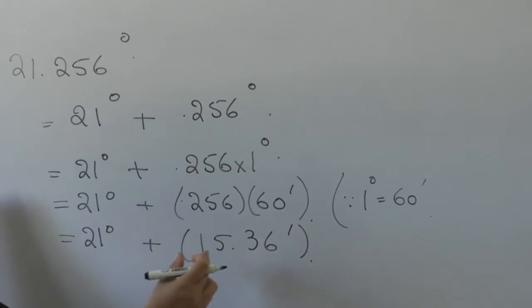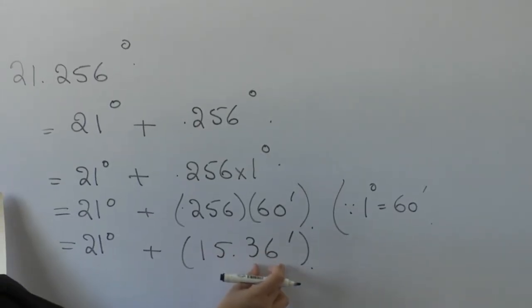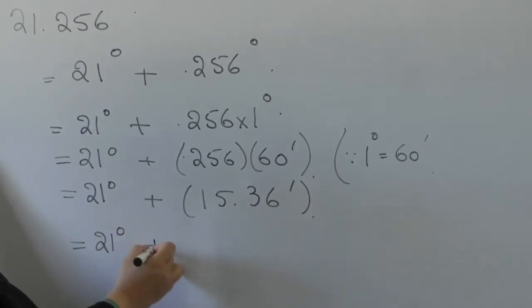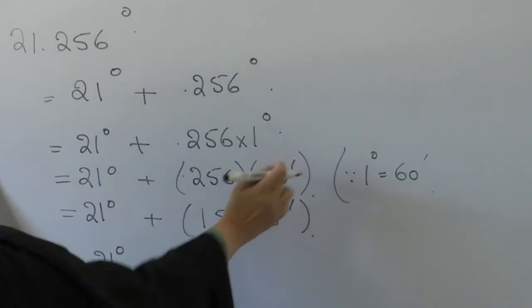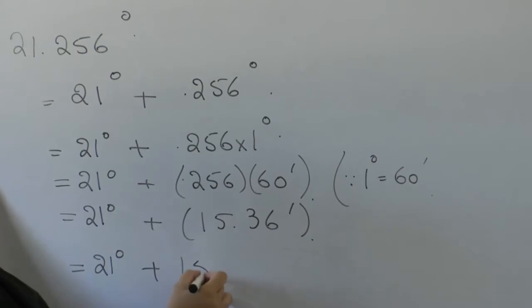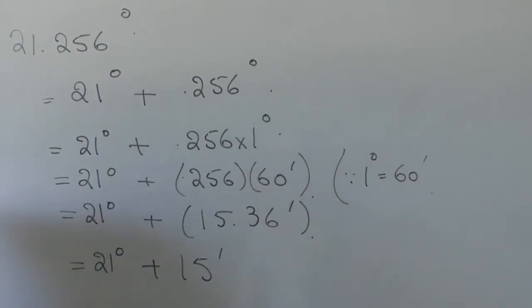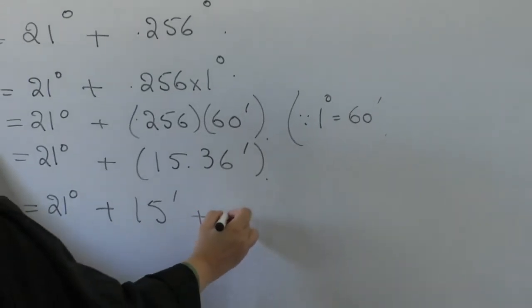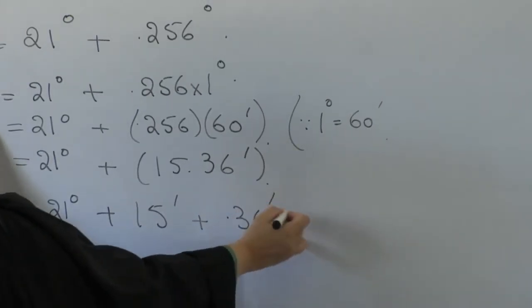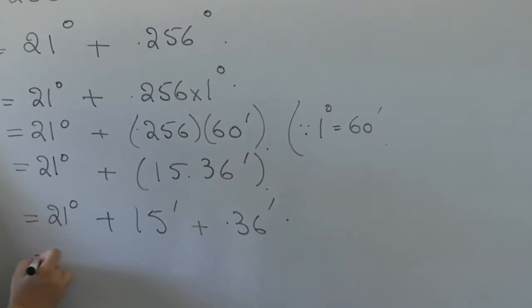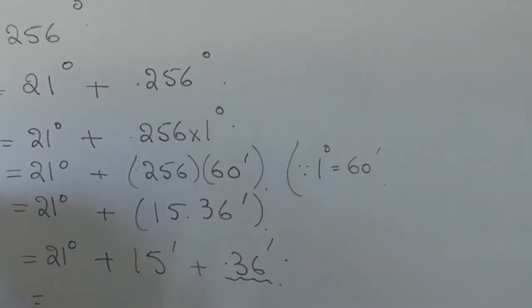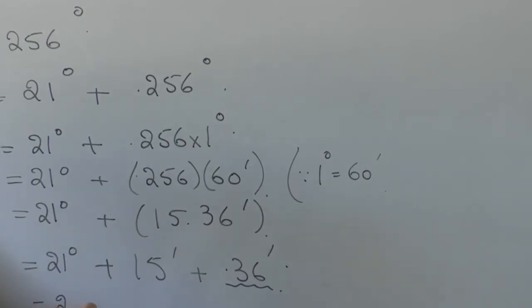Now we separate the integral part and the decimal part. The second unit is minutes, so here it is 15 minutes. And this decimal part, we separate it, this one. Now further we will simplify this one, we convert it into seconds.